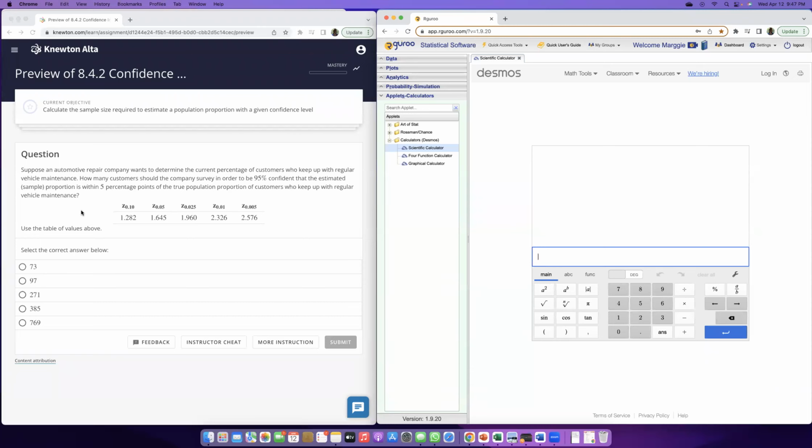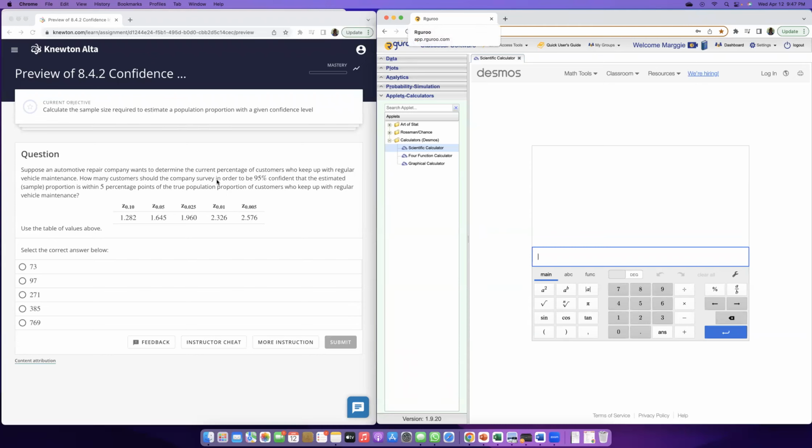How many customers should the company survey in order to be 95% confident that the estimated sample proportion is within 5 percentage points of the true population proportion of customers who keep up with regular vehicle maintenance?